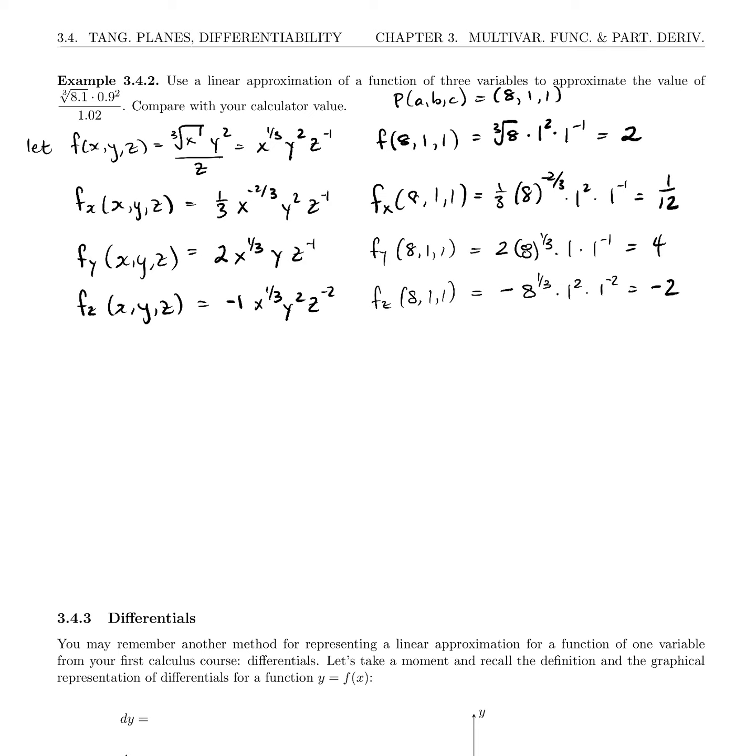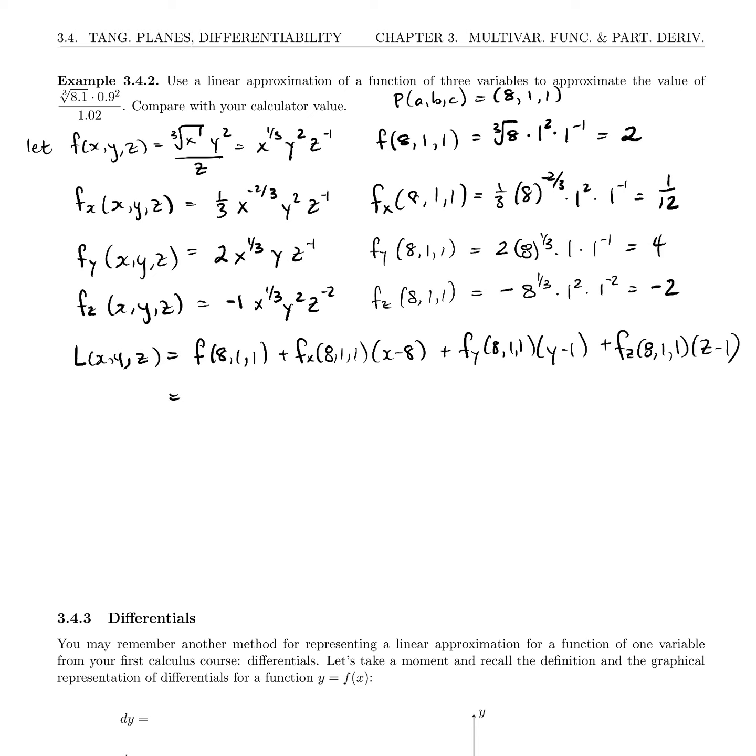We need to use the linearization, and so our linearization L of x, y, and z at the point P is going to be f of 8, 1, 1 plus f sub x of 8, 1, 1 times x minus 8 plus f sub y of 8, 1, 1 times y minus 1, and finally f sub z of 8, 1, 1 times z minus 1.